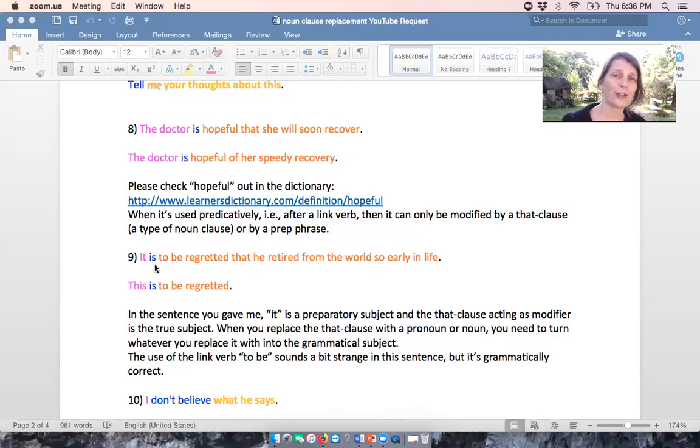Now when we have the job of replacing the that clause by a pronoun or a noun phrase, then we need to bring the pronoun or noun back to the grammatical subject position. So we can say this is to be regretted, or what I didn't put down, this fact is to be regretted, or this matter.